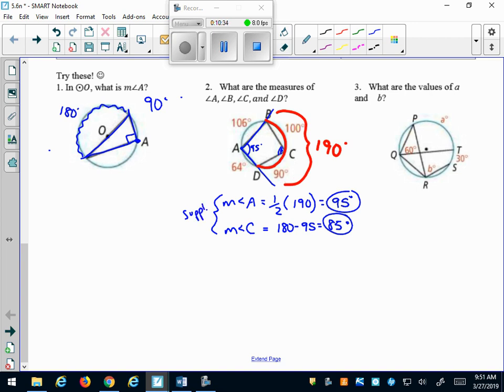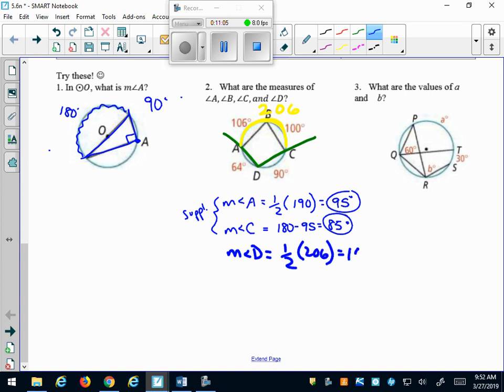All right, now let's do angle D. Angle D, the entire arc is what? 206. So the measure of angle D is half of 206, which is 103.